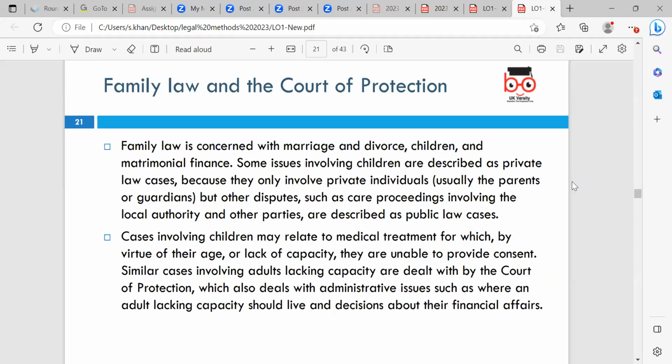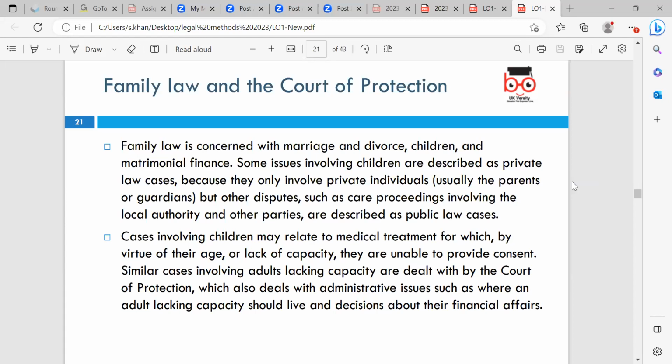Similar cases involving adults lacking capacity, so that could be adults that have any sort of mental incapacity or are of unsound mind, are dealt with by the Court of Protection, which also deals with administrative issues such as where an adult lacking capacity should live and decisions about their financial affairs.